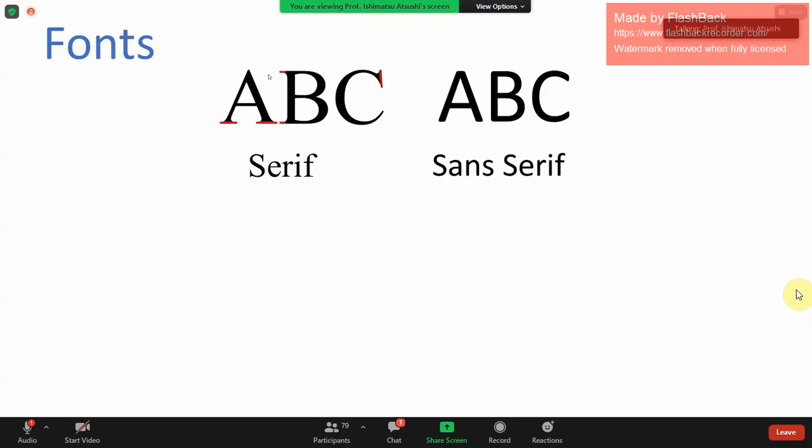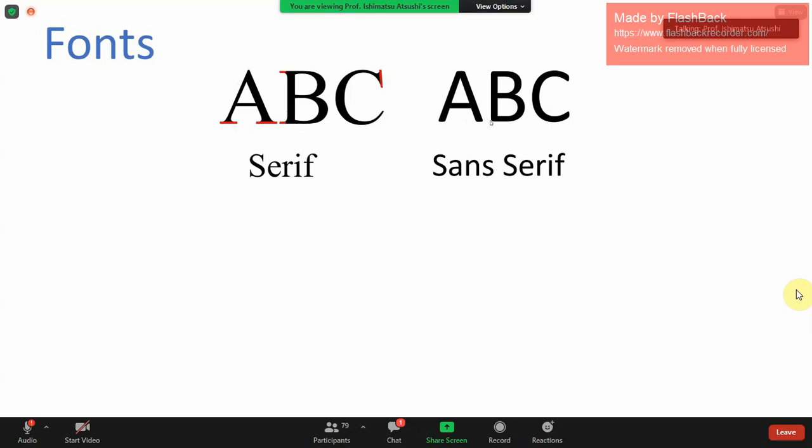A typical serif font is Times New Roman, and this category has these parts at the ends of strokes, whereas sans serif does not.